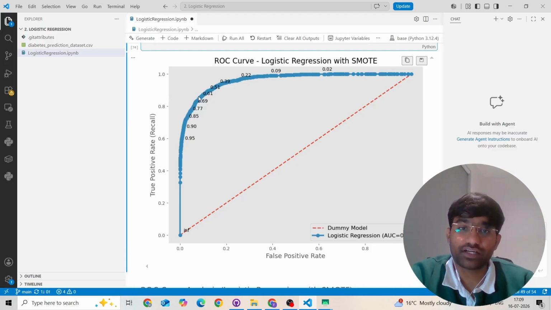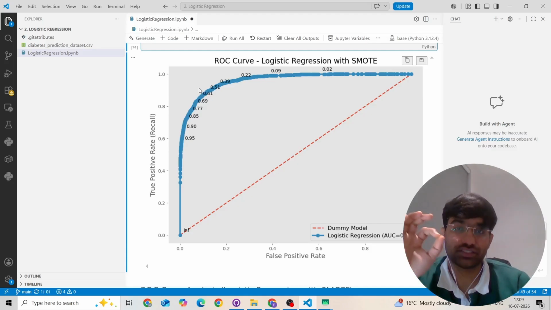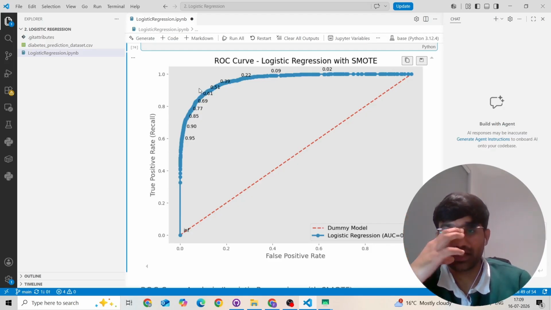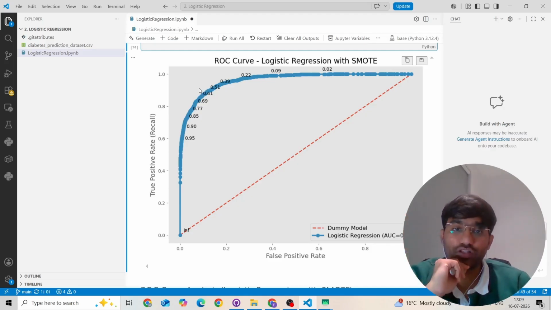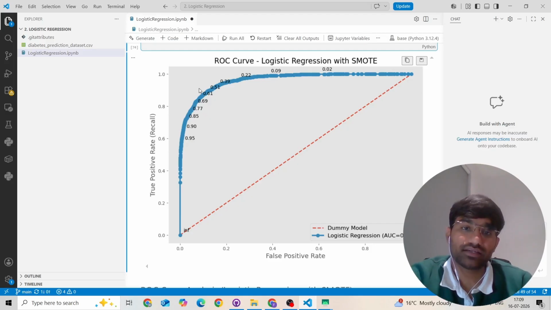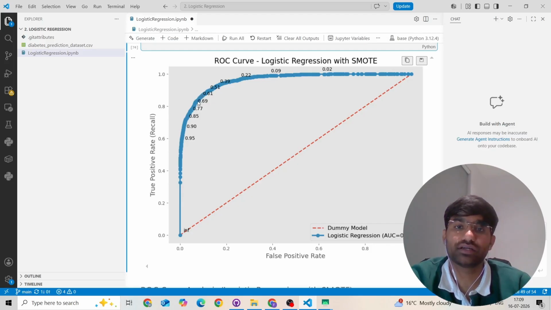If your project requirement says your precision score should be high, you have to decrease the false positive rate, then you can go for this. You can identify the threshold by using the ROC.